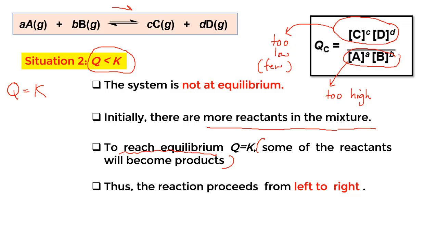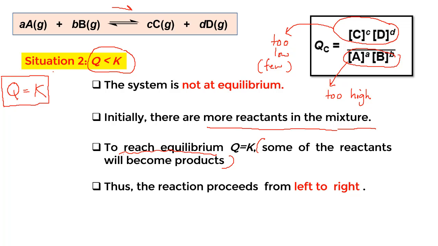Okay, satu lagi. Tadi, bila di peringkat awal, when Q value is less than K, it shows that the concentration of reactants is very high. Jadi sekarang, untuk sistem itu mencapai equilibrium, nilai Q mesti sama dengan nilai K. Jadi apa yang perlu dibuat?